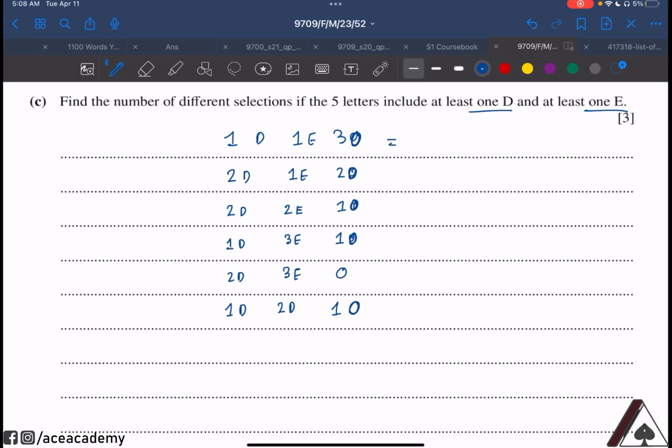So we don't really have to choose anything from D and E because they're all identical. So it's 1 into 4C3, 1 into 4C1, 1 into 4C1. Oh, this is 4C2. 1 into 4C1. This is exactly one arrangement. And then 1 into 4C1.